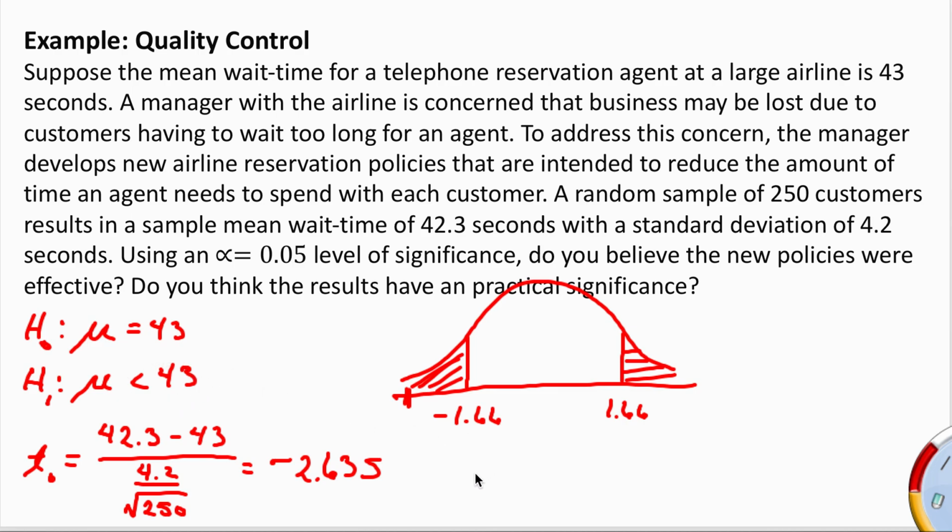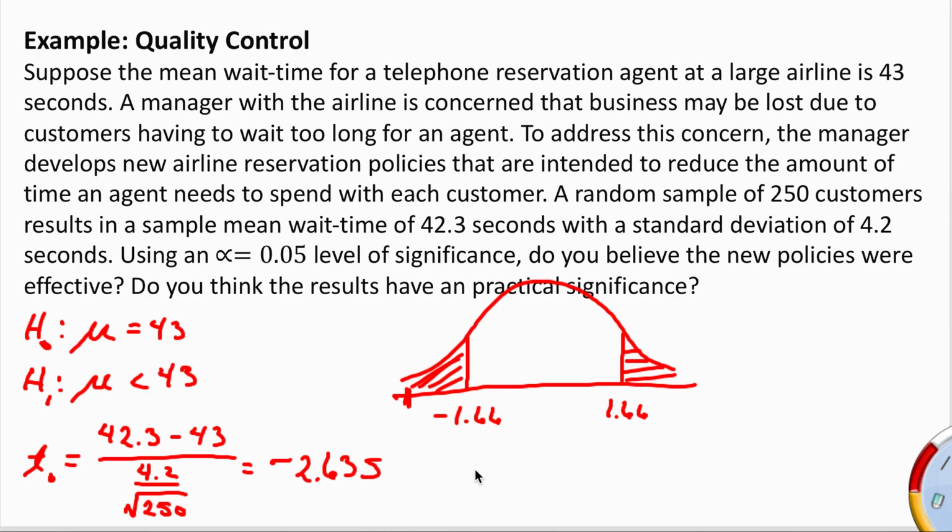Once again, just to check for our p-value, just to get extra practice at that, going to stat, over to tests. Okay, t-test number 2: mu sub naught 43, x bar 42.3, standard deviation 4.2, 250 for n. This time we're doing a left-tailed test.